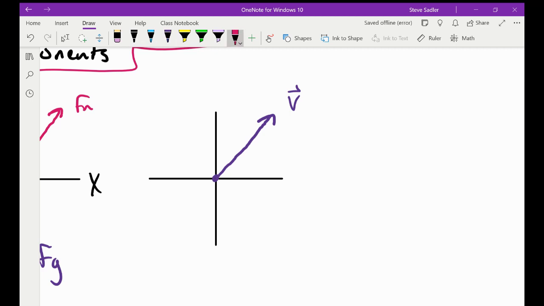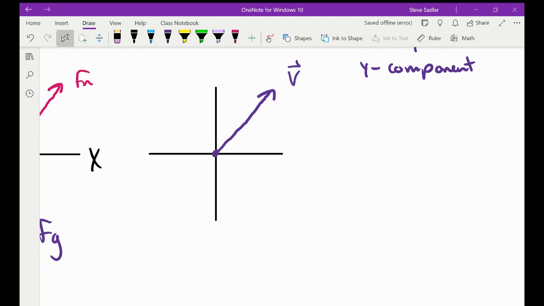What you can do is break this vector into its x component and y component. This has nothing to do with our problem at hand, but we will use this skill to solve that problem. So let's break this into components.